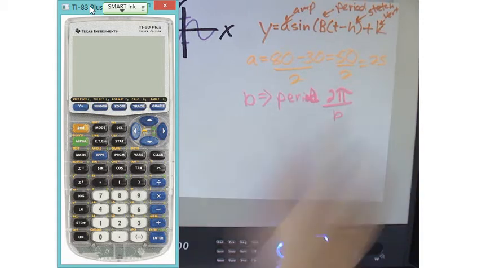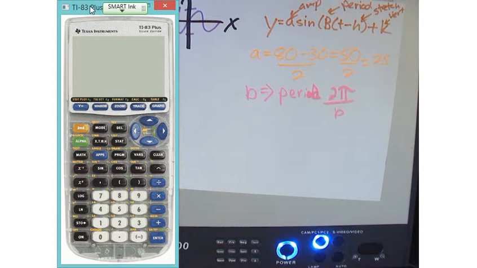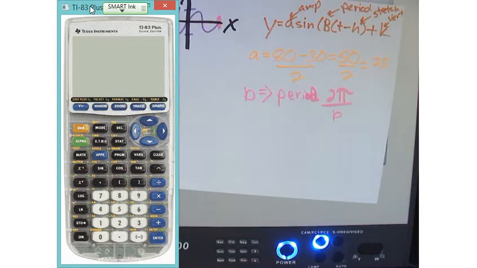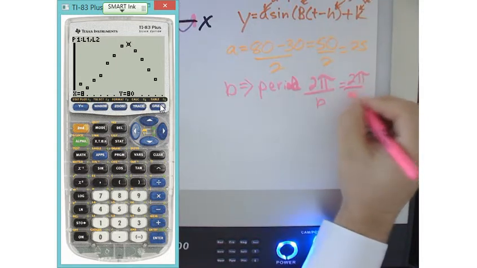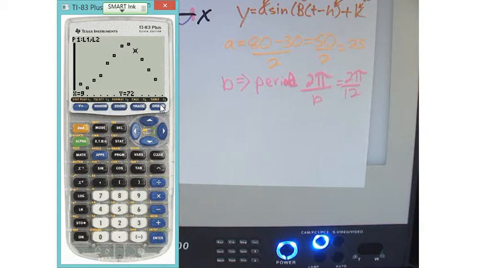So if 2 pi is the distance for sine to repeat its cycle, and in this graph, the x-axis represents the time, how much time goes by before we reset the cycle? A year, which is how many months? 12. So 2 pi should be equal to 12 months, right? Because this is the 9th month, this is the 10th month, the 11th month, the 12th month, and if this is truly a sinusoidal function, then it should start over at 12 months.